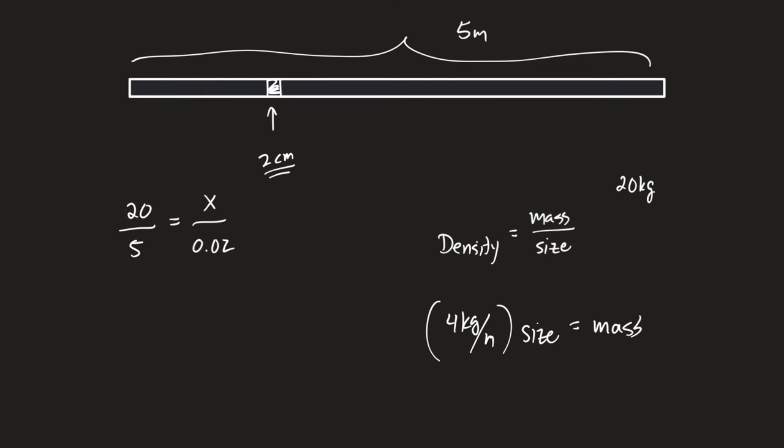So maybe another example, just to make sure we understand each other. We're talking about linear density here, mass per unit length. Guitar strings are sold this way.